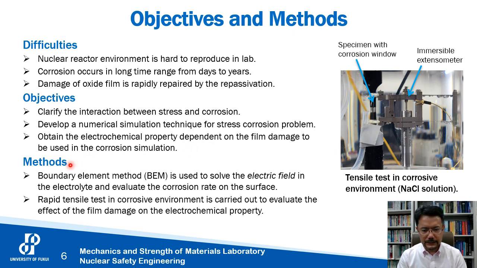As a method in the simulation, we use the boundary element method to solve the electric field in the electrolyte and evaluate the corrosion rate on the surface. And in the experiment, we employ the rapid tensile test in corrosive environment to evaluate the effect of film damage on the electrochemical property.